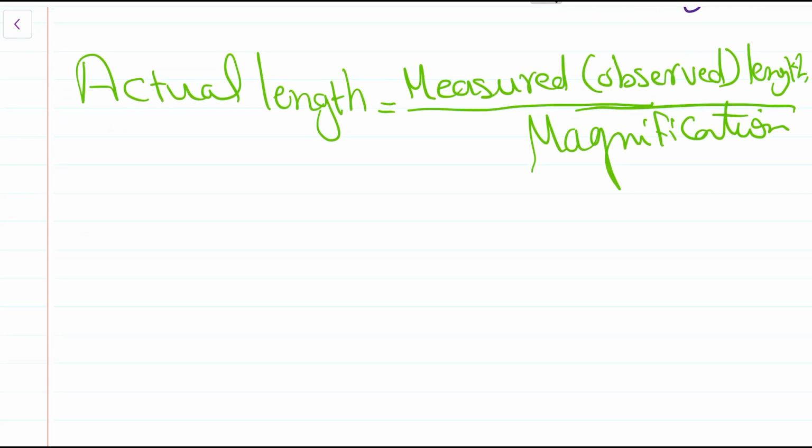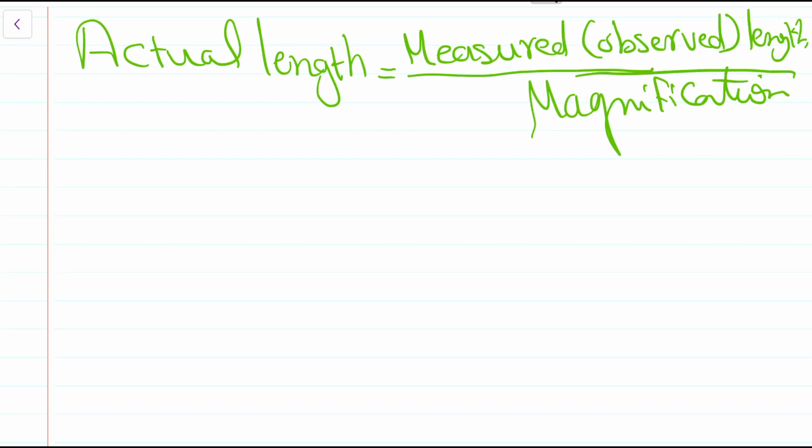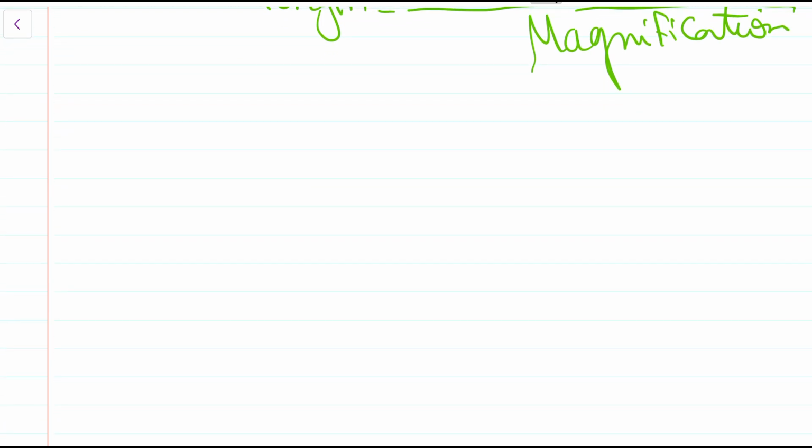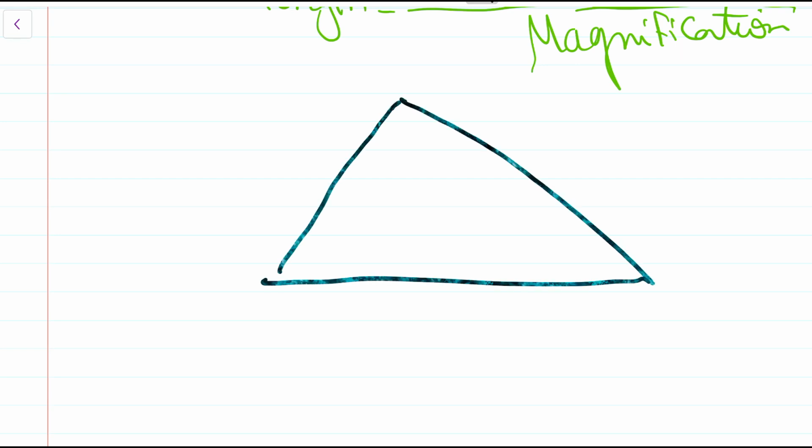Very important to know this, and for any question asking about this, you have to mention the equation, especially in paper 6. In recent exams, this kind of equation is very common in the recent papers, so it's very important to know the equation and how you can calculate the actual length or any one of them. To simplify this, we have a common triangle.